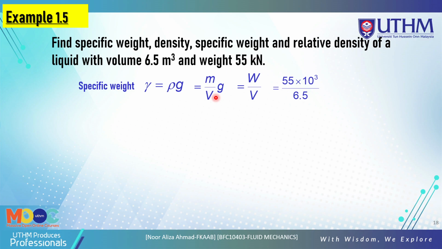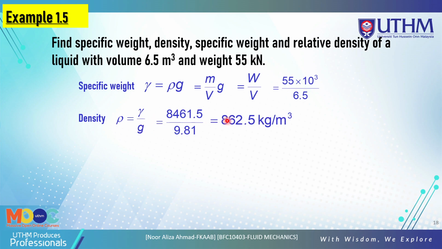Just use the weight, 55 kilonewton, times 10 to the power of 3, divided by the volume, 6.5, so we get the specific weight. Then find the density using this equation: after you get the specific weight, you just divide by g, so you get the value of the density.